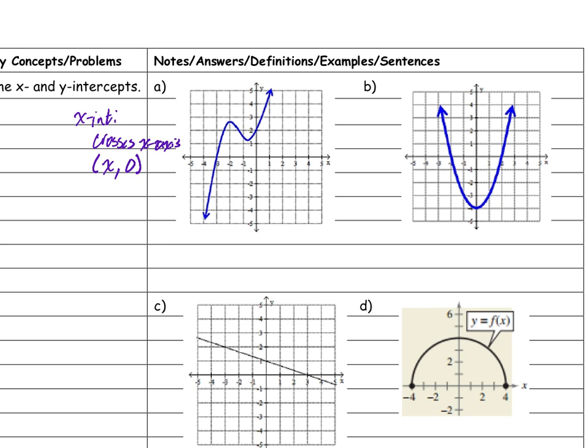So the x-intercept will always have some number in the x spot, wherever it crosses the x-axis, and then 0. And the y-intercept is where it crosses the y-axis, and it's always of the form 0 first, and then whatever value where it crosses the y-axis. I hope that helps a little bit.